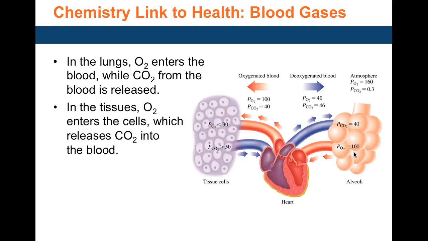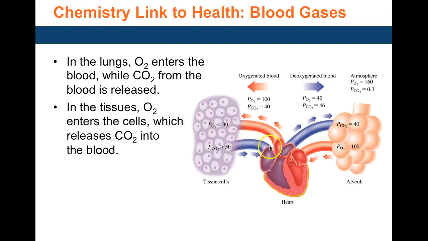In the oxygenated blood pumped through the heart, the partial pressure of oxygen is very high, so it will diffuse into the cells in order to balance it out, because it's low in the cells. Now, the oxygenated blood has some amount of carbon dioxide, about 40 millimeters of mercury, but it's higher in the cells, so that will diffuse out into the blood.